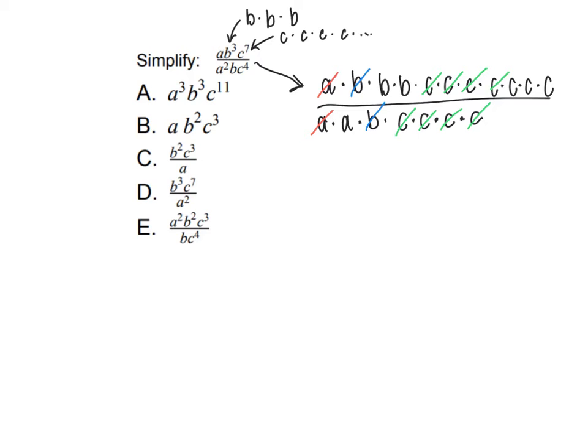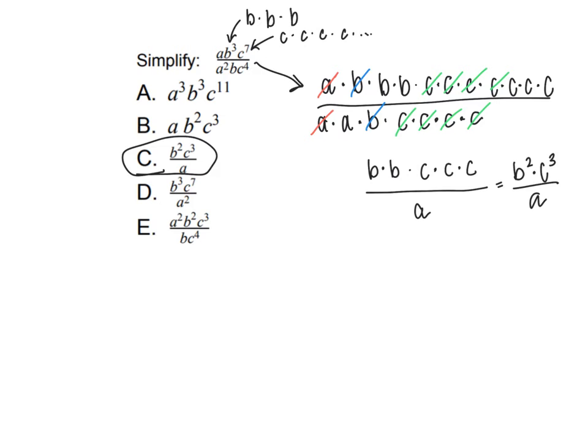And then what you're left with is 2 B's on top, 3 C's on top, and 1 A on the bottom, which can be rewritten as B squared times C to the 3rd over A. And if you go over to your answer options, that would be C.